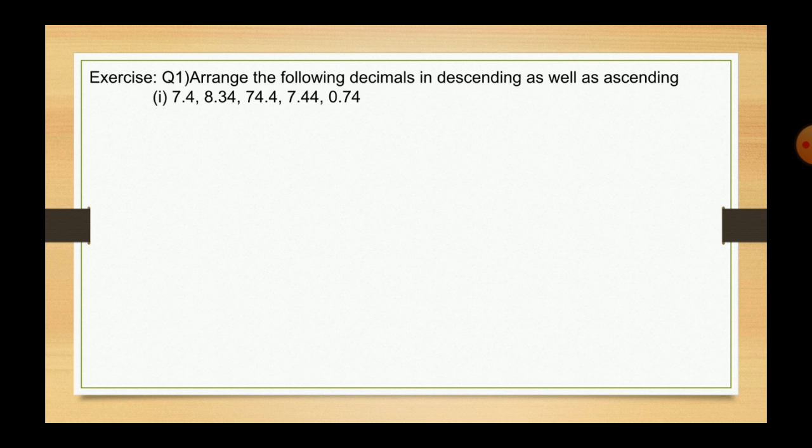Now let's take few examples again where comparison is needed. With the help of comparison steps, let's arrange these numbers into ascending as well as descending order. Let's first arrange them in descending order. Numbers are 7.4, 8.34, 74.4, 7.44 and 0.74.